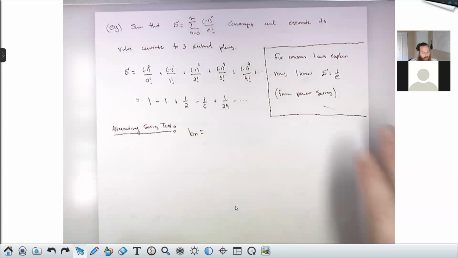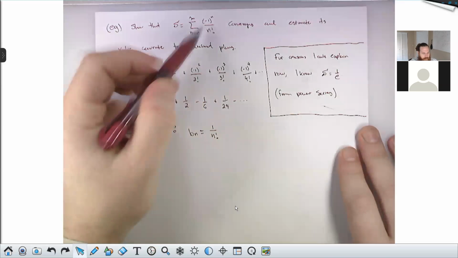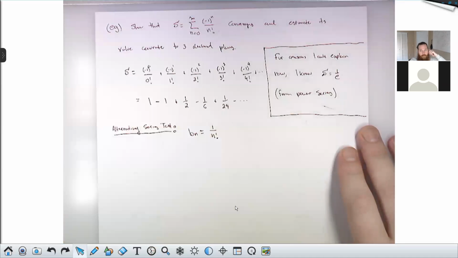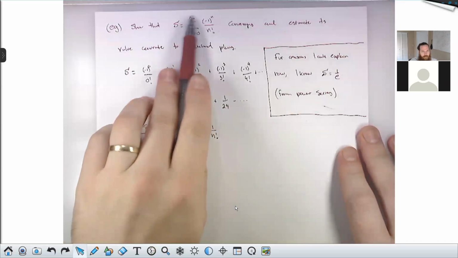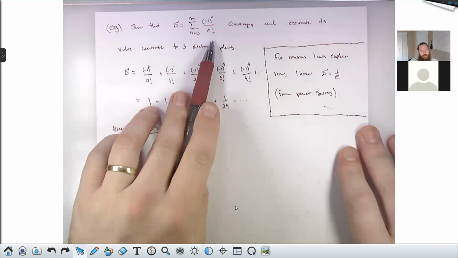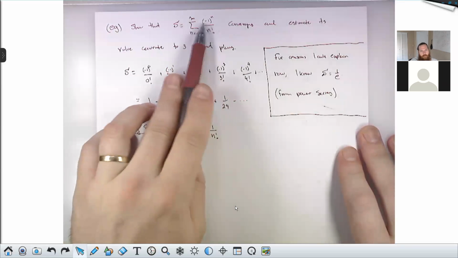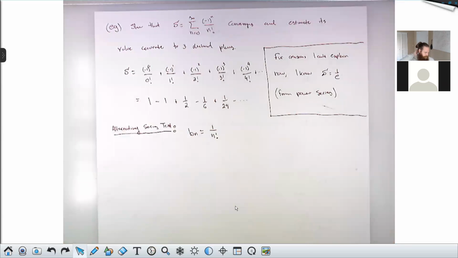Good, 1 over n factorial. It's just the non-alternating part of the summand. So just like the thing inside the integral is called the integrand, the thing inside the sum is called the summand. The non-alternating part, the part aside from the negative 1 to the n, that's the b_n's. So here that's 1 over n factorial.